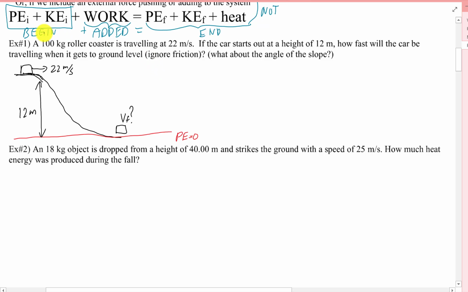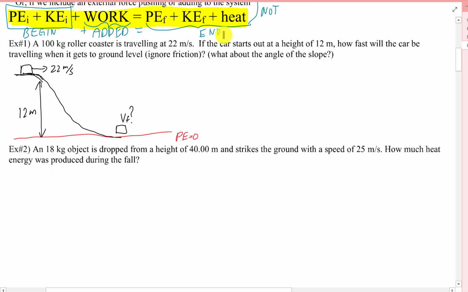So up here, what I left up here is a good ultimate conservation of energy formula. The energy before, in both the potential and kinetic, plus how much is added to it from outside. Well, there's nothing in this question that's being added. There's no push, there's no rocket adding energy to it. So this doesn't exist. Then at the end is potential energy final, kinetic energy final, and heat.